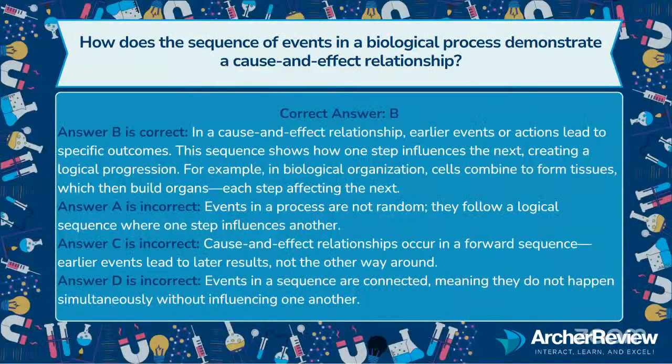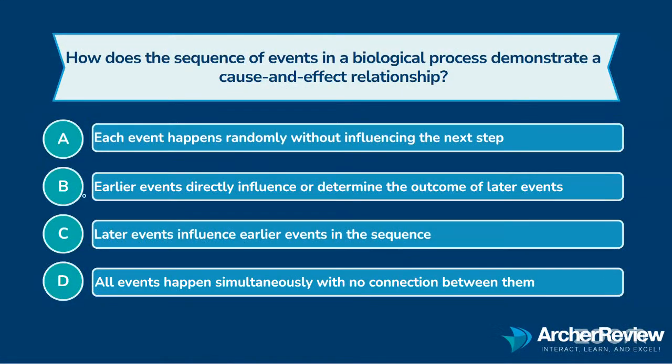How'd you do? Our correct answer is B. Let's take a look. B. So earlier events directly influence or determine the outcome of later events. That's a cause and effect relationship.